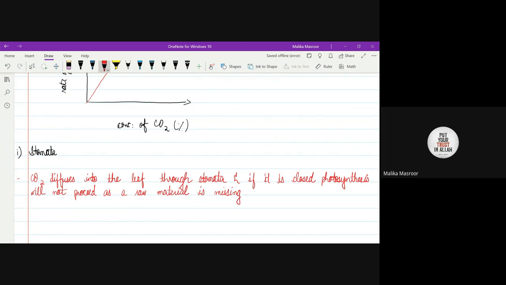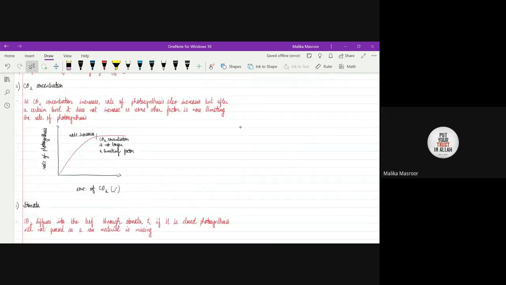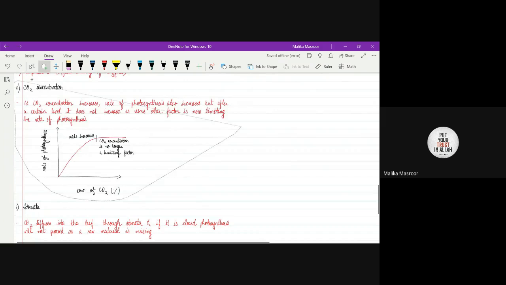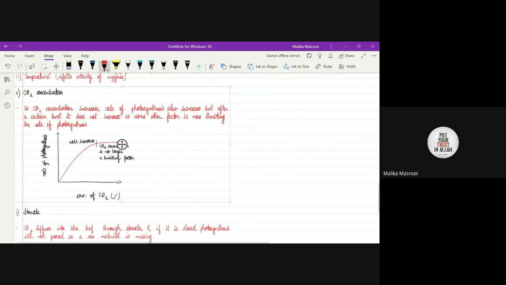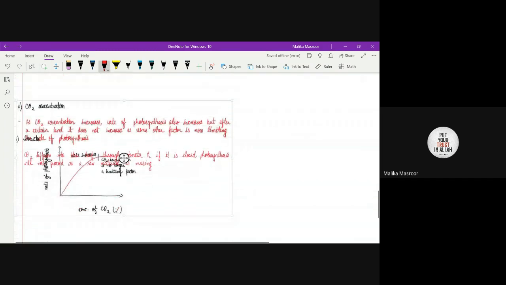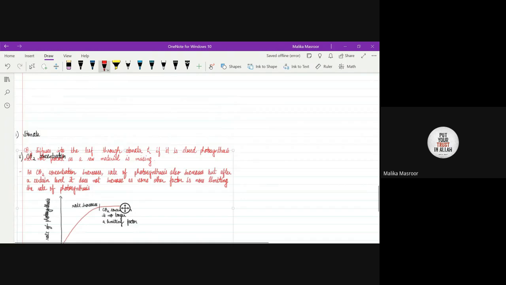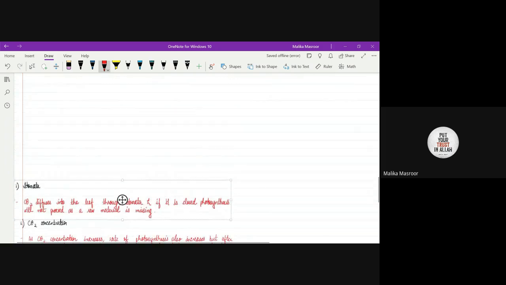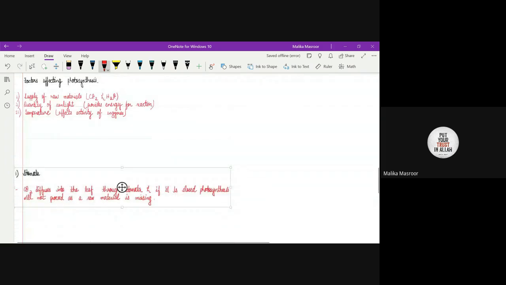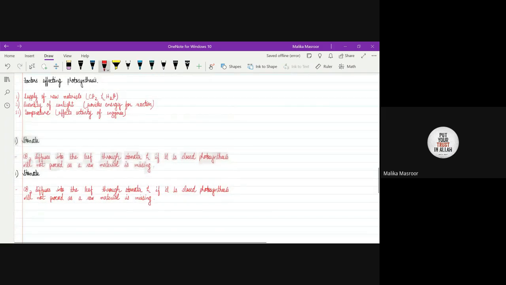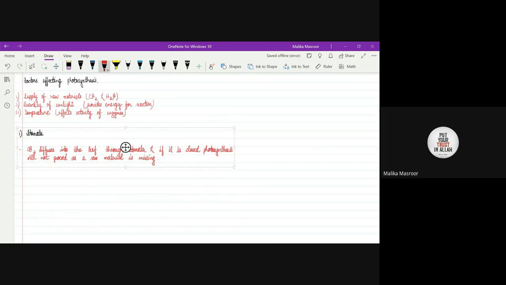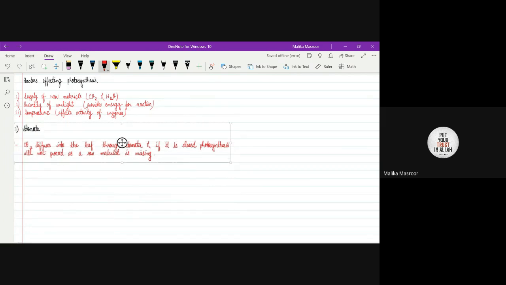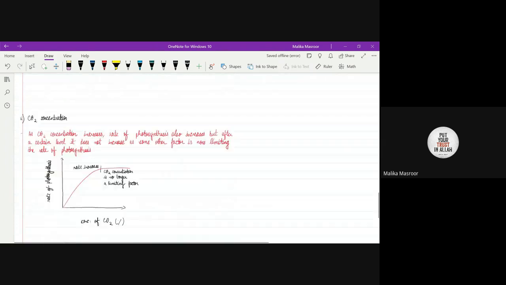Okay. Let me just shift this. This should come at the second number. First, I wrote about raw material. Okay, this is first.